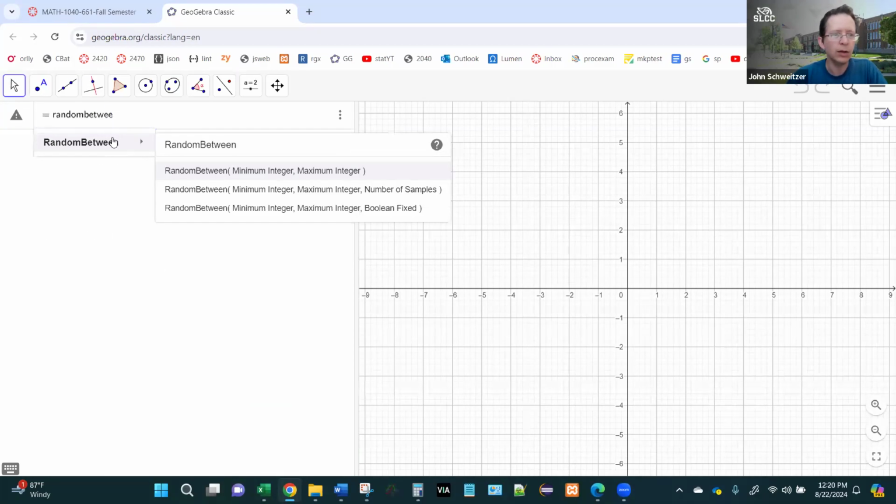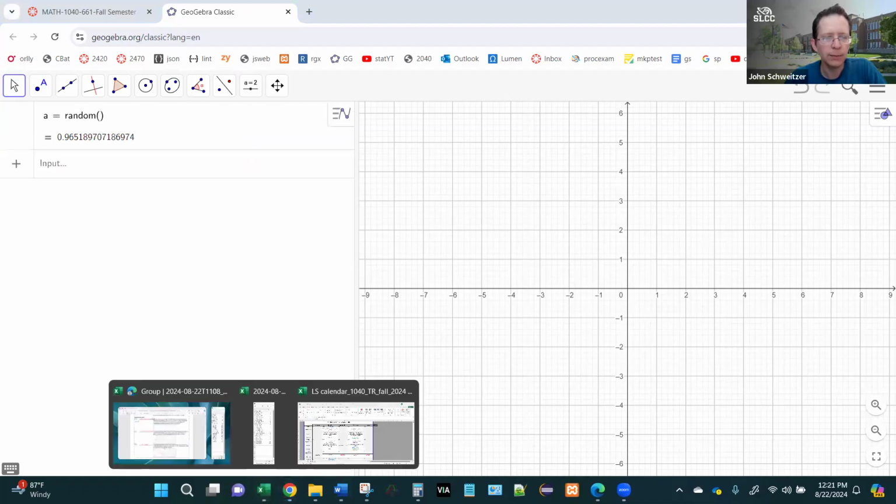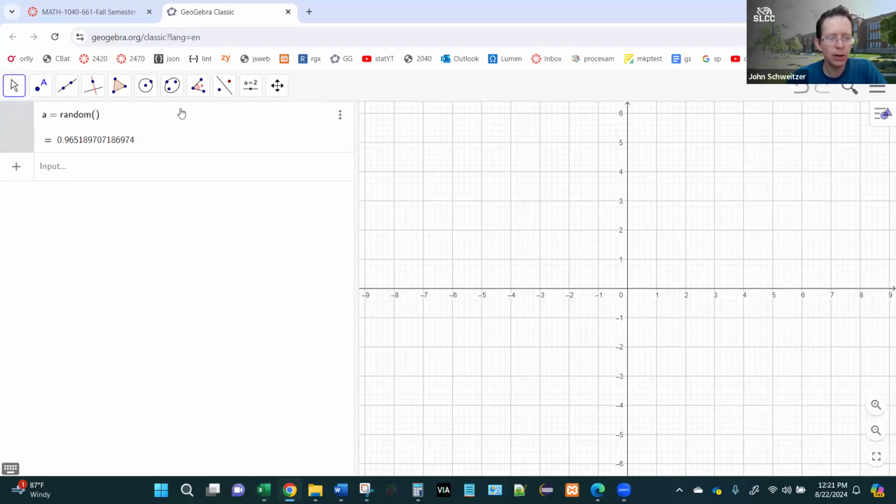If you just click on it, it'll open up the different possible commands. And we want random between a minimum integer and a maximum integer. What's an integer? An integer is a whole number. Okay, so what random numbers do we want? Well, how many people are in our list? 23, right? So I want random between 1 and 23.